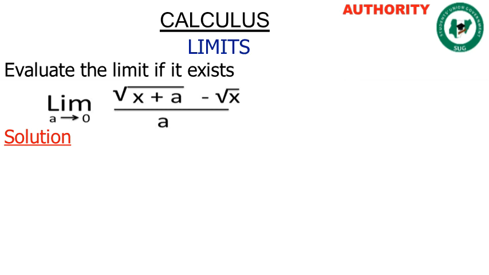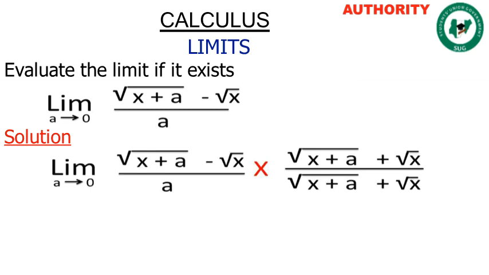We have the limit as a approaches 0 of square root of x plus a minus square root of x all over a, times the conjugate, which is square root of x plus a plus square root of x, all over the same thing, square root of x plus a plus square root of x. Do you understand this? This is an operation that requires the conjugate, that is, when we have square roots.